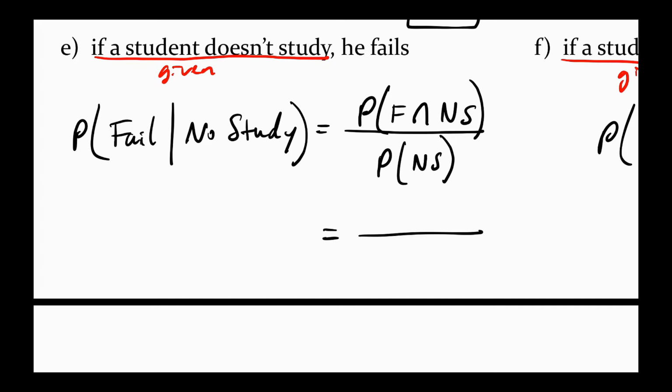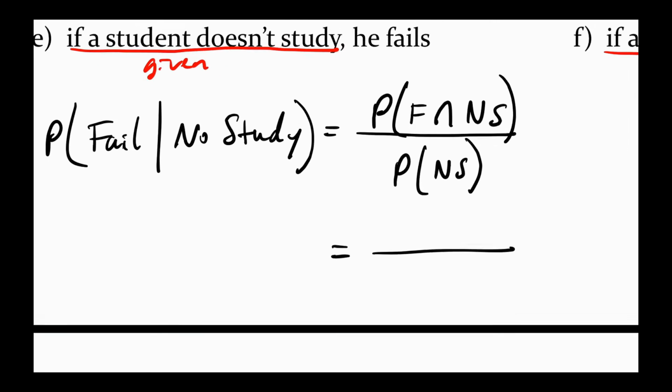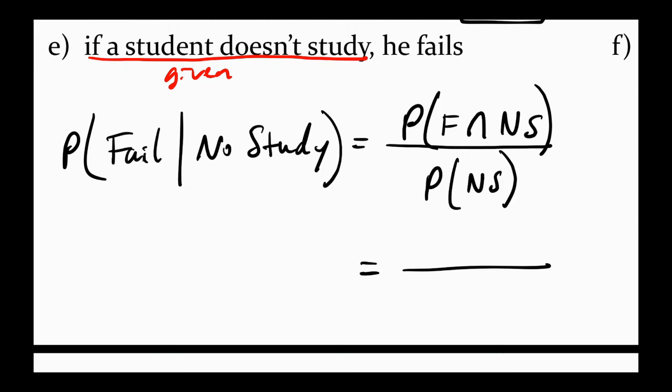Okay, so I didn't do any of the numbers, but for the first one, the given part is no study. So given that they didn't study, we already know that. What's the probability that they fail for this one? So it's probability of both fail and no study over the probability of no study.